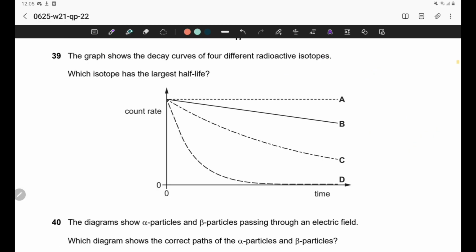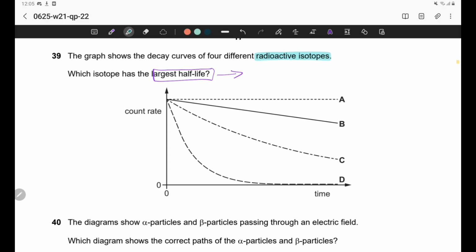Question 39. The graph shows the decay curves of 4 different radioactive isotopes. Which isotope has the largest half-life? So the isotope which has the largest half-life means it will take a long time to decay.